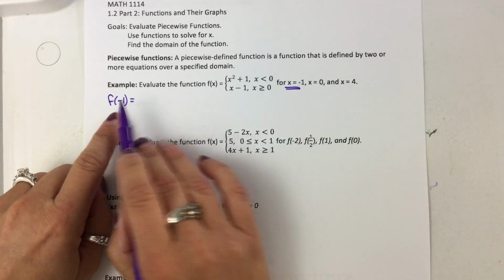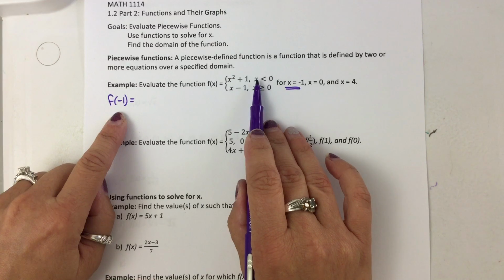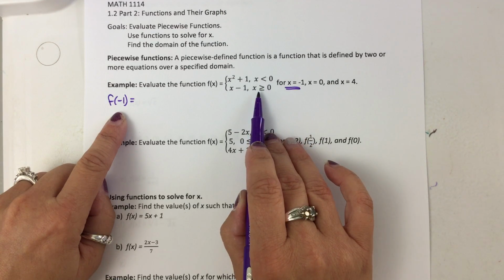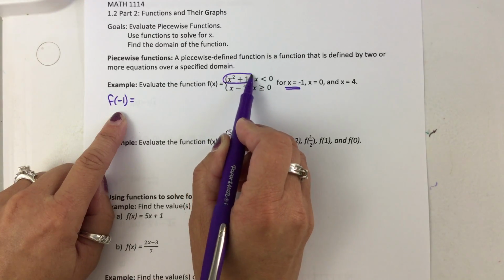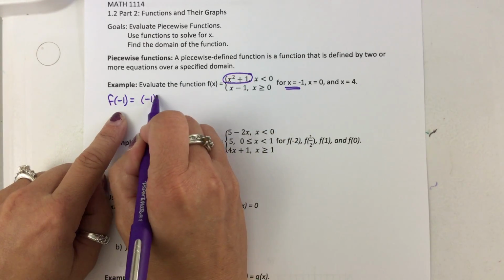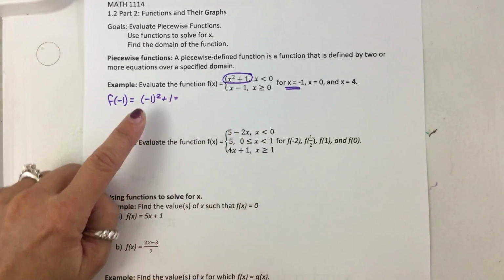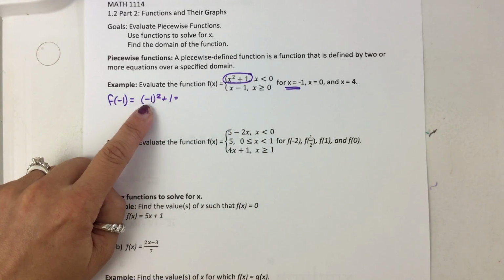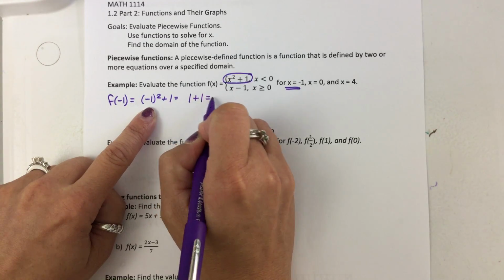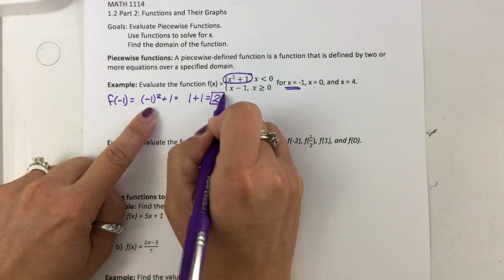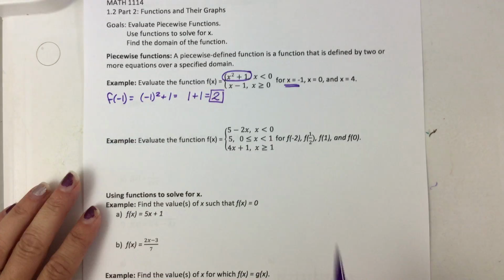So your first step is to look and say, okay, is -1 less than 0 or is it more than 0? Well, it's less than 0. So I need to fill that -1 into the top equation. -1 squared, -1 times -1 is +1, plus 1 is 2. So f of -1 is 2.